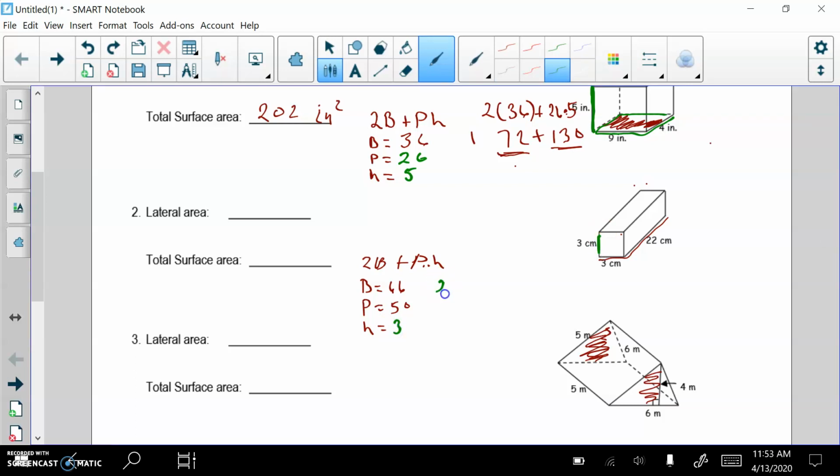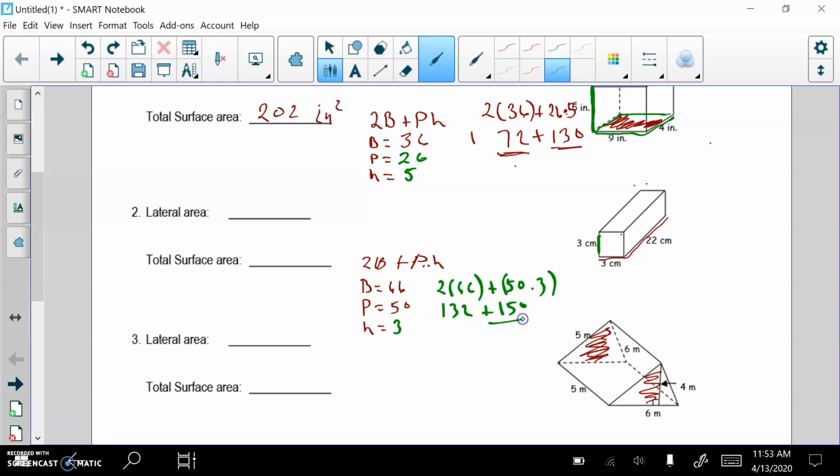I calculate out 2 times 66 plus 50 times 3. The 50 times 3 represents the lateral. 2 times 66 is the adding of the two bases for total surface area. So since 2 times 66 is 132 plus 150, I actually have two answers in one.